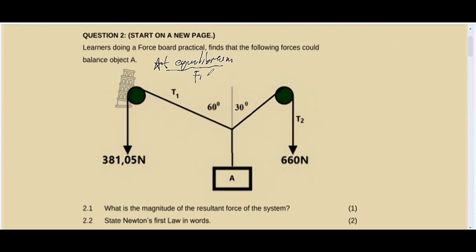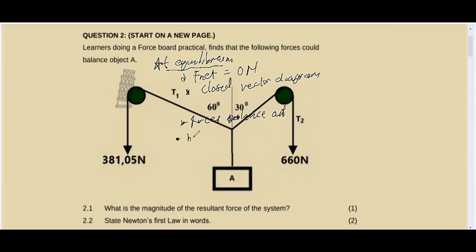We know that F net is equal to 0 newtons. That's number one. And then we know that from there, we can have a closed vector diagram. And then also, again, we know that the forces balance out. So what do I mean by that?